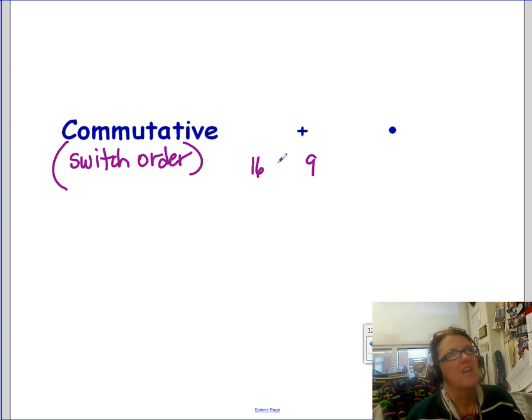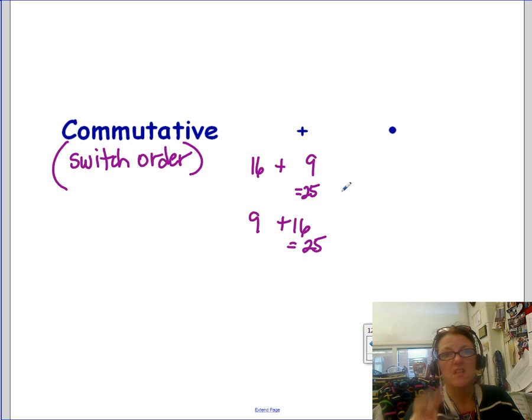What's 16 plus 9? Well, that's 25. And what's 9 plus 16? It's 25. That's right. The order doesn't matter. I get the same end result. They're both equal to 25.